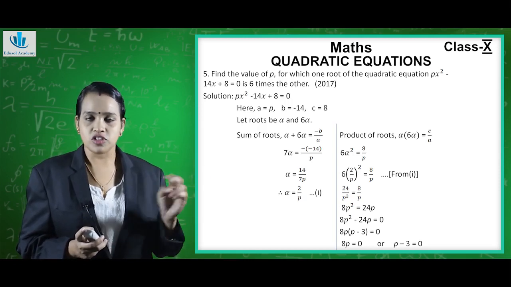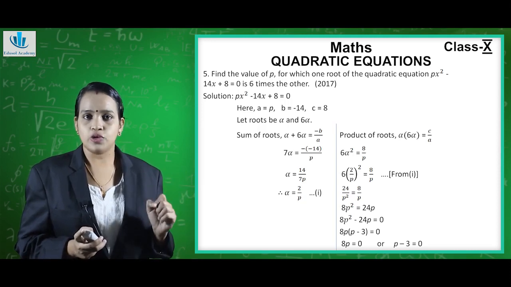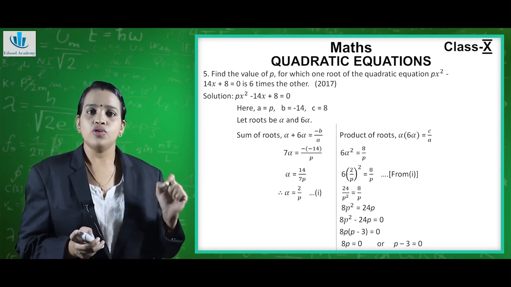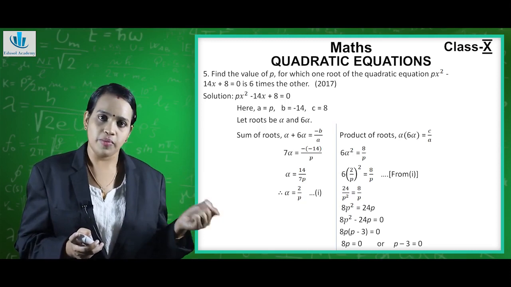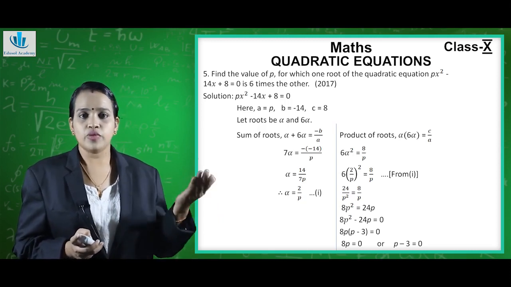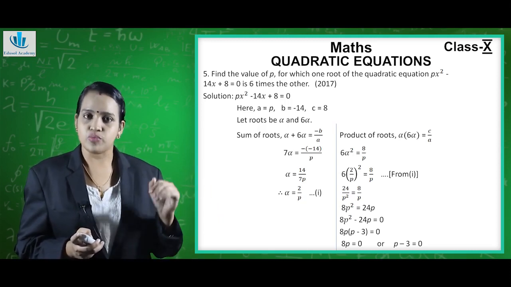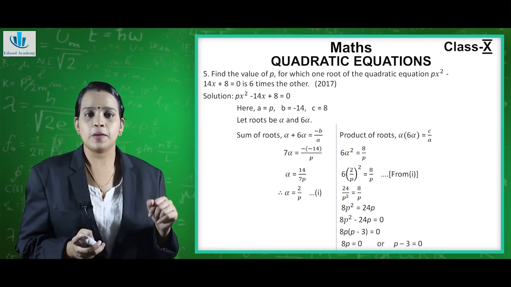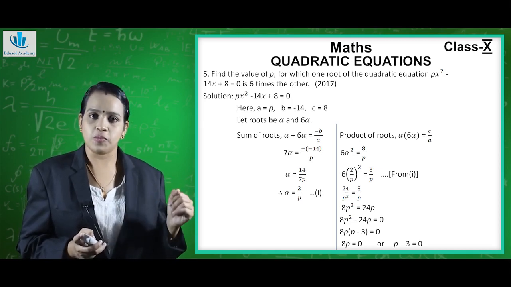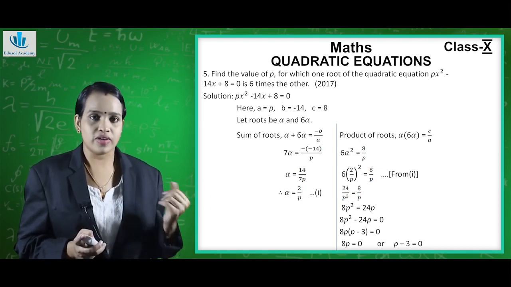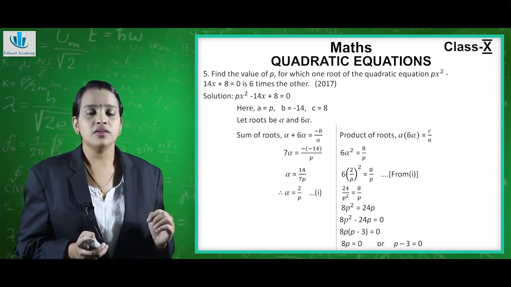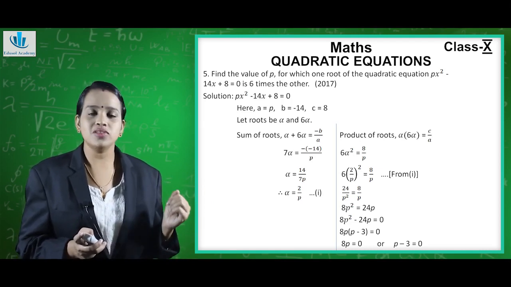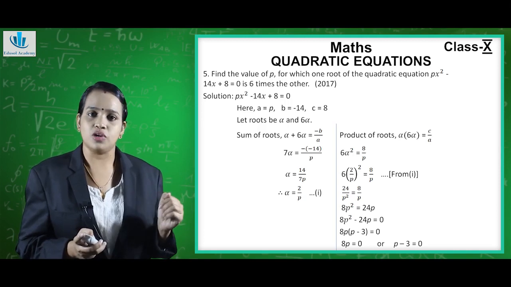So we can cross multiply it. So 8 into p raised to 2 equal to 24 into p, that is 24p. Now when we take 24p to the other side, it becomes minus 24p. So 8p raised to 2 minus 24p is equal to 0. Here we can take 8p as common. So 8p into what remains? p minus 3, which is equal to 0.